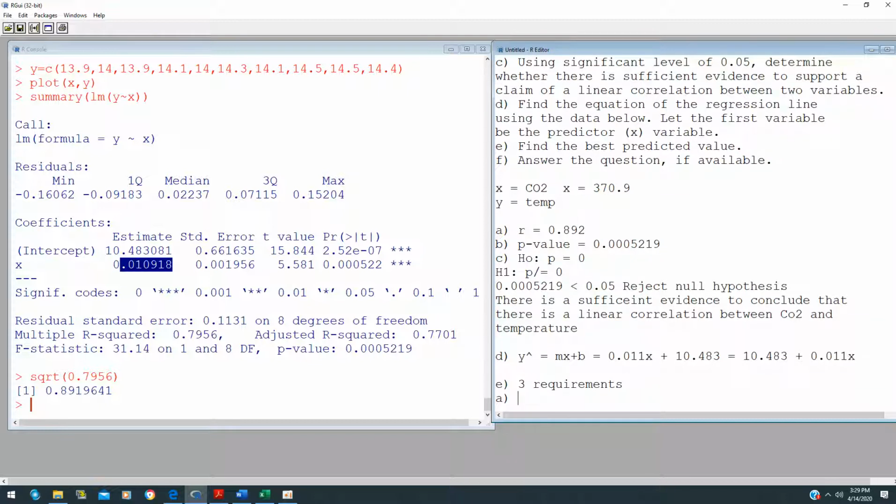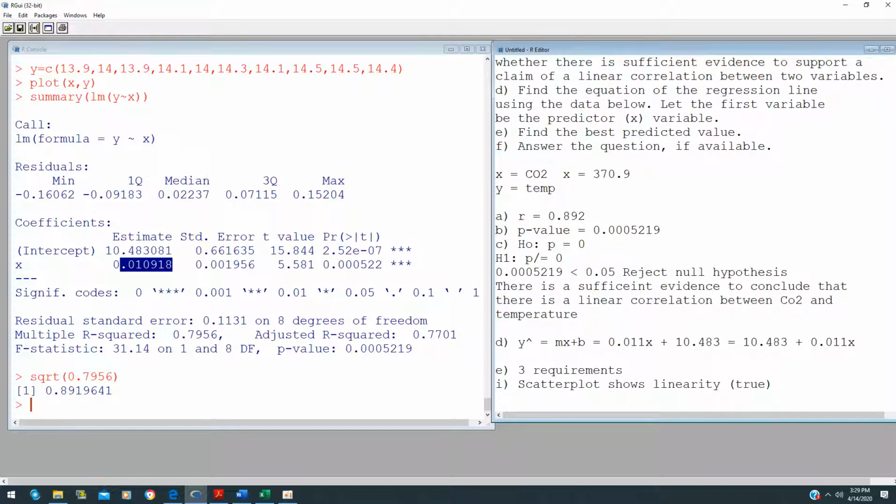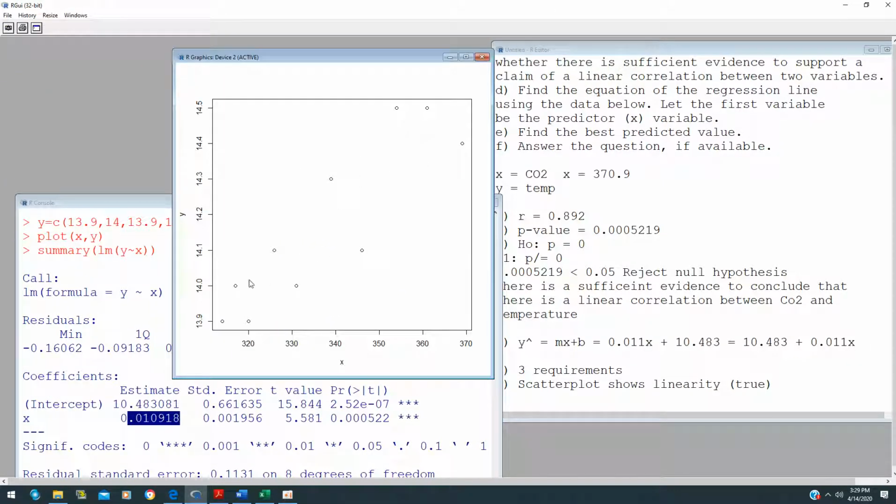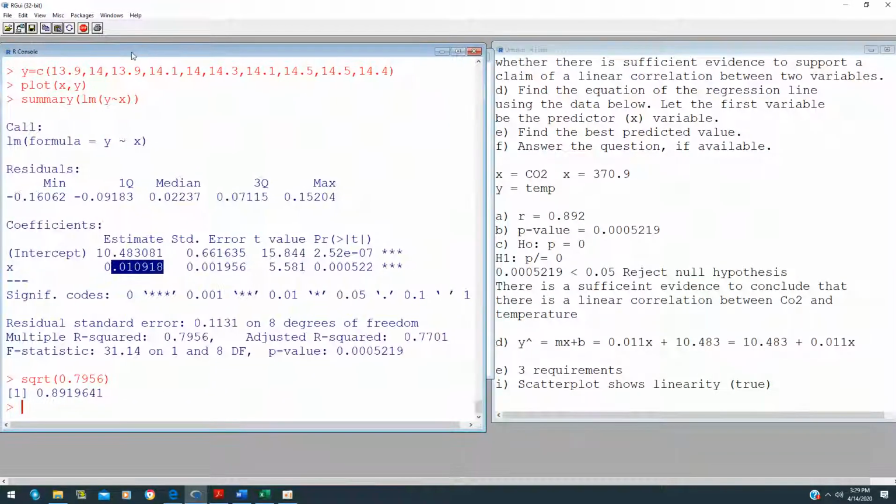So the first requirement you have to fulfill in this case is the scatterplot. So your scatterplot shows linearity, which in this case is true, or yes, is good. The reason why the scatterplot shows linearity is because this scatterplot doesn't have a parabola or a nonlinear case here, so it does show linearity.